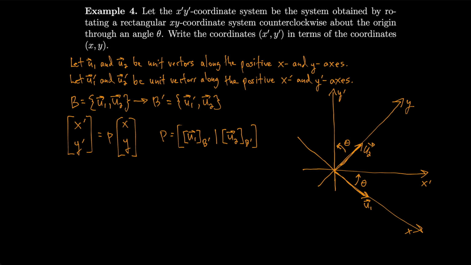For u1, how about I do that first? In the x direction it makes cosine theta if the angle is theta. In the y, it's going below, so it'll be minus sine theta. And then similarly for u2, it's going to be cosine theta.